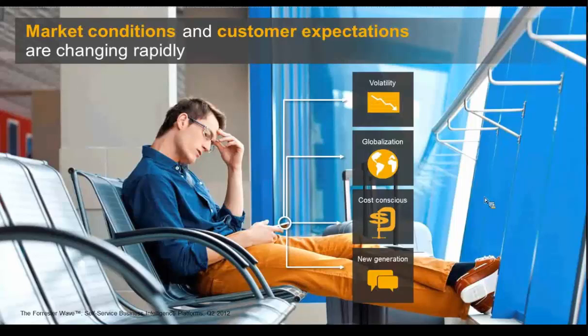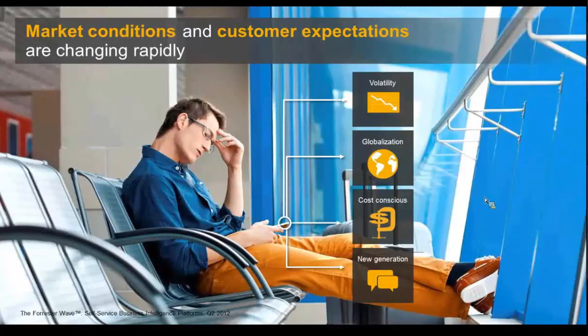Globalization puts a lot of pressure on companies to change the business model and to do a lot of compliance-based BI solutions. At the same time, customers are increasingly cost conscious. We know that because the IT budget every year is becoming a challenge for executives to allocate funding.